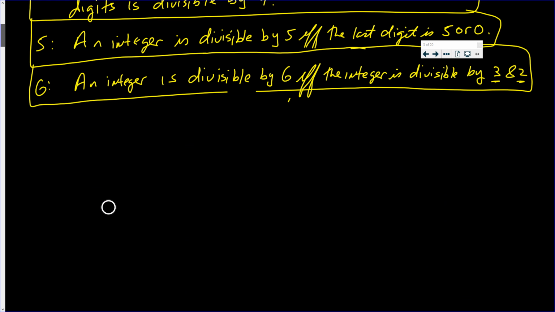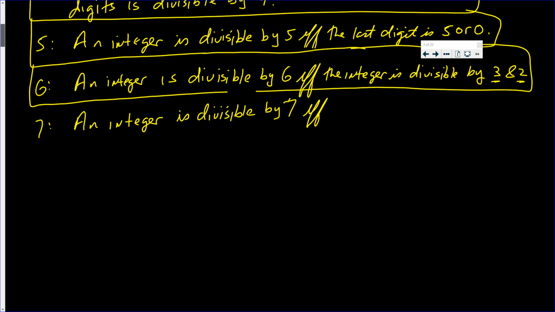Number 7 is a bit awkward, but it can be done. An integer is divisible by 7 if and only if a minus 2b is divisible by 7.